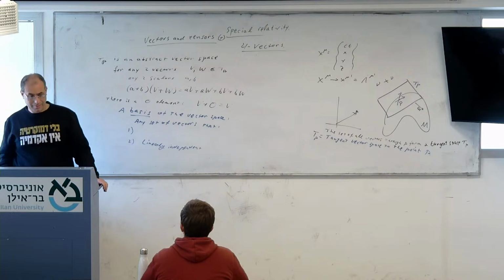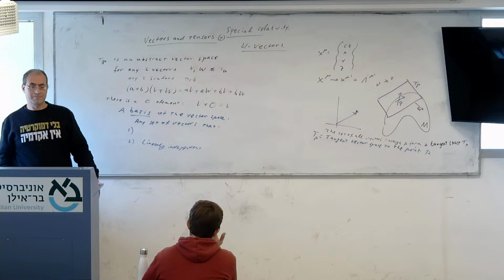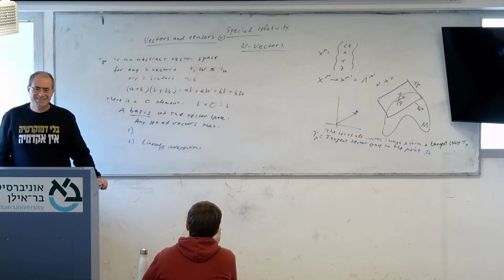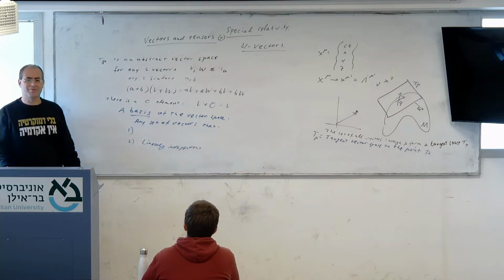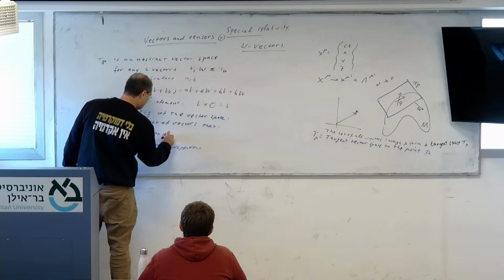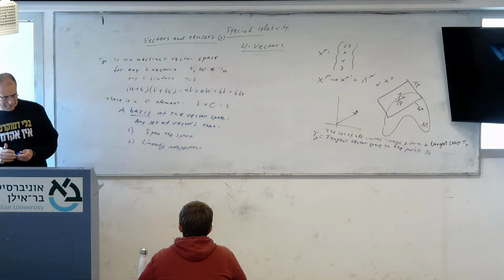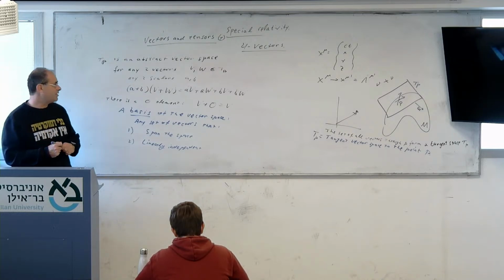So that means what? They span the space. Meaning that any vector is a linear combination of the basis vectors.